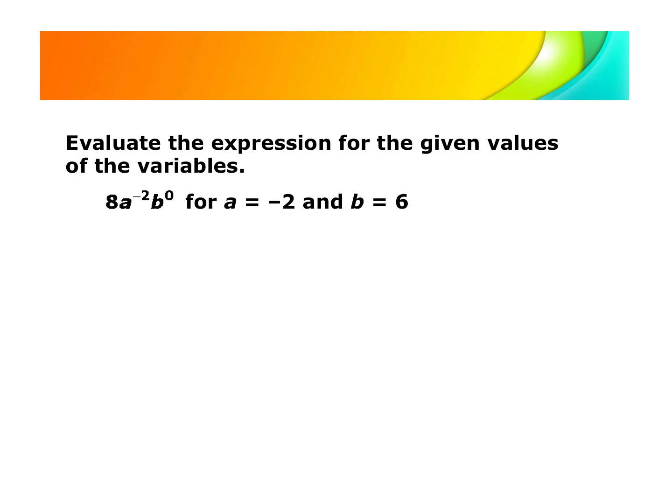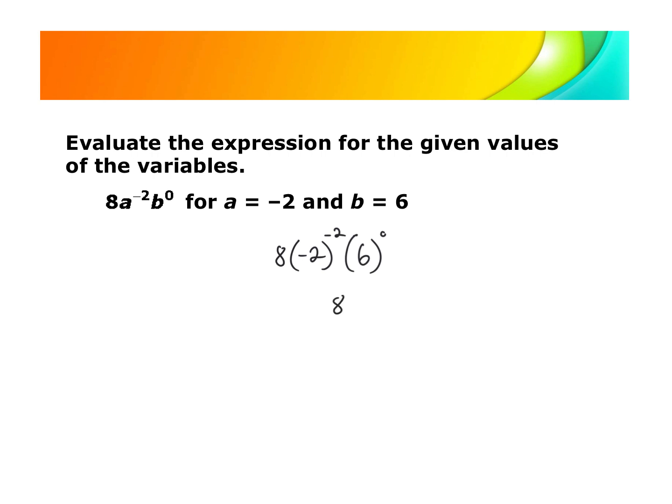So let's plug these in. They're asking us to evaluate the expression for the given values of the variable. So we're going to have 8 times negative 2 to the negative second power, 6 to the 0 power. Now again, like I did before, I like to get rid of the stuff that I can as soon as I can. 6 to the power of 0 is just going to be 1. And negative 2 to the negative second power is going to be 1 over negative 2 to the second power.